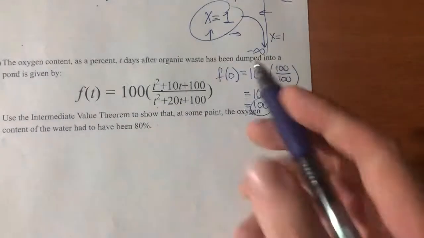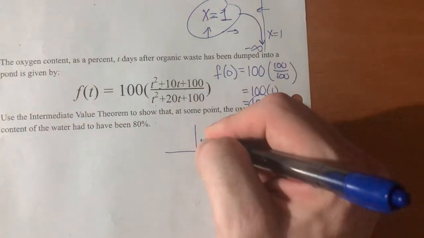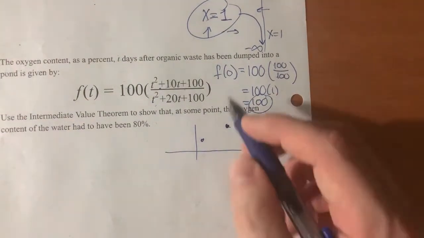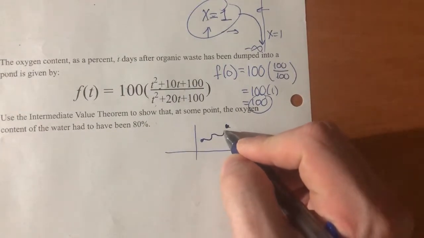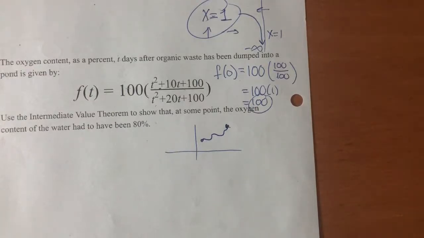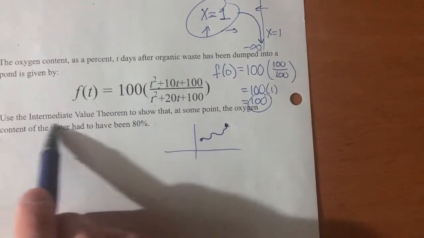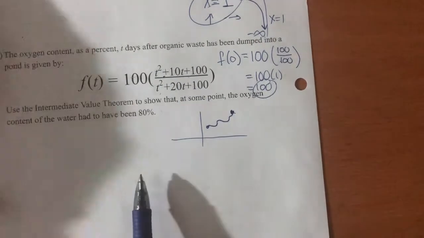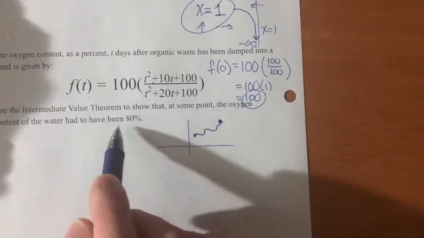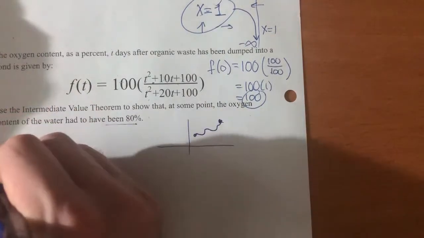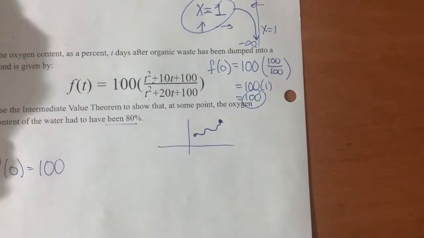Let's say this is my 100 and this is my 80. Because it's continuous, it has to hit every single point between the 80 and the 100. I'm not saying this is what it looks like, but this is the concept of what the IVT says. So essentially, we need to find an input where the value is greater than 80, and we've got that. We know now that f of 0 equals 100.